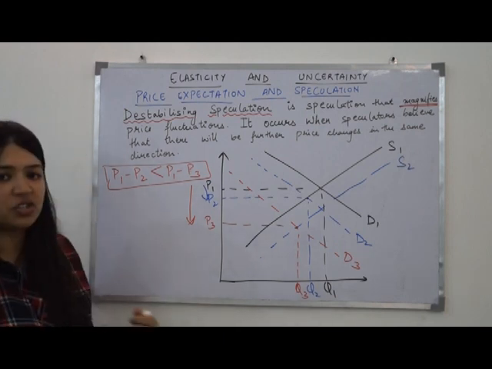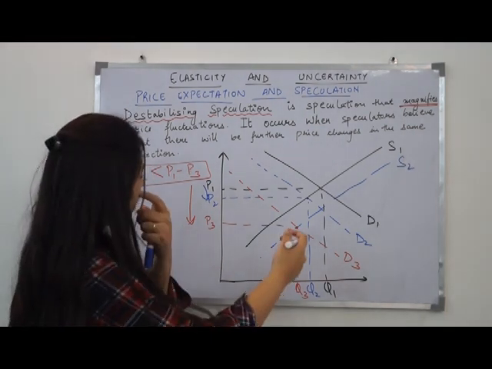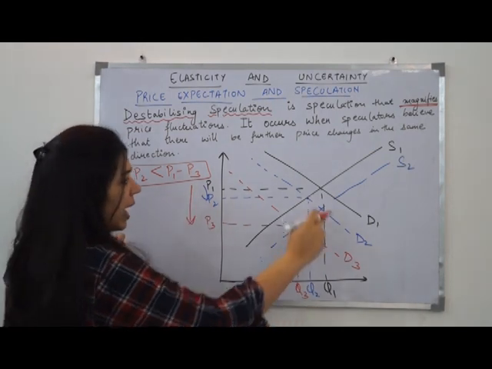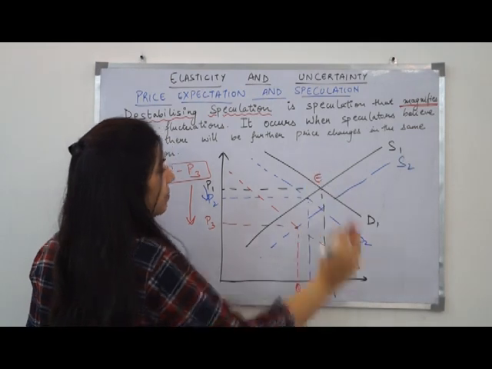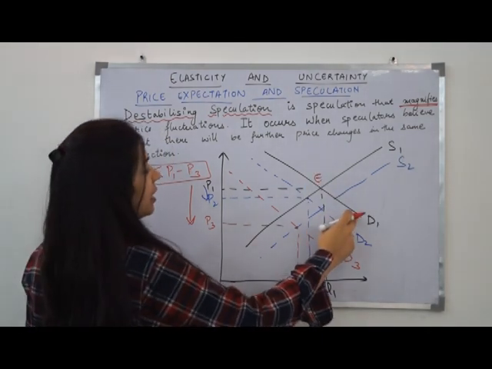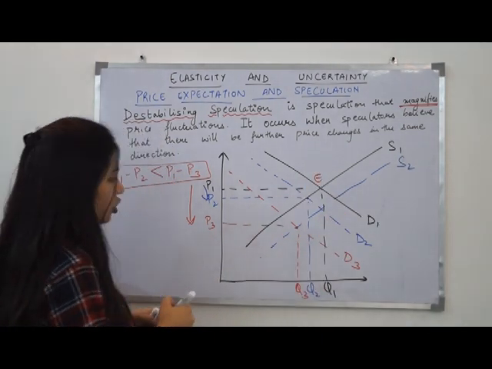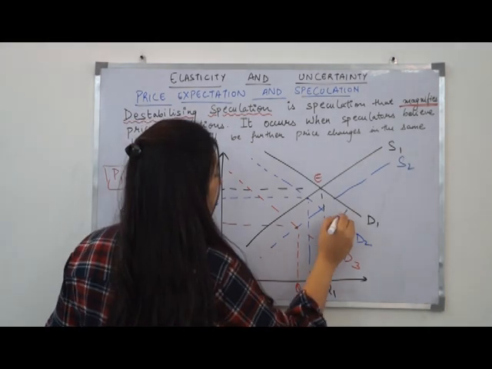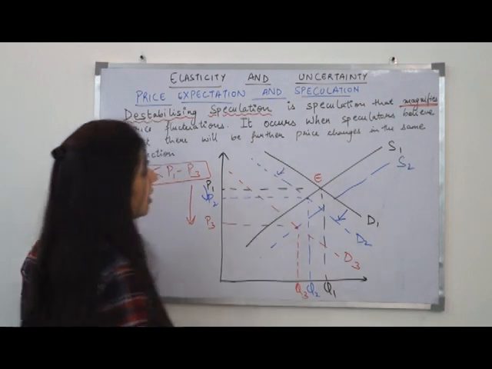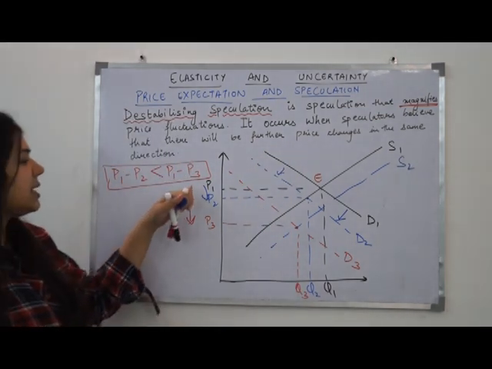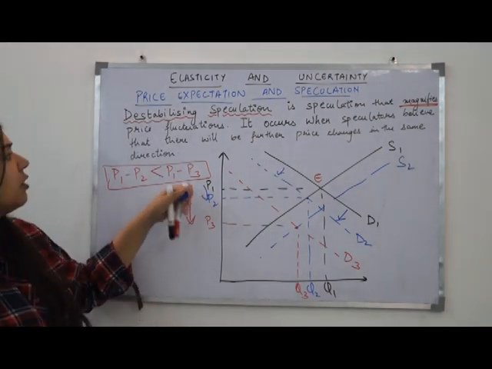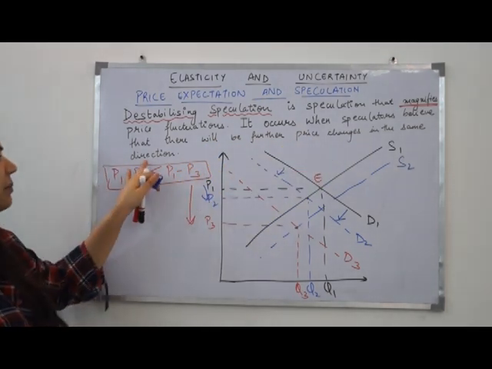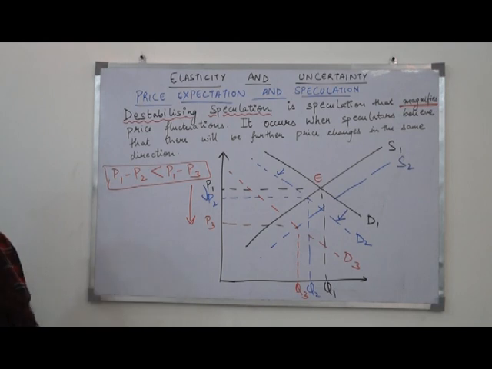So let's just recap what we've done. We start with the original P1 and Q1 equilibrium at point E, say. Then the demand curve, for some reason, shifts towards the left. Then, seeing the reduction in price, the firms assume that there will be a further price change in the same direction, a further drop in the price.